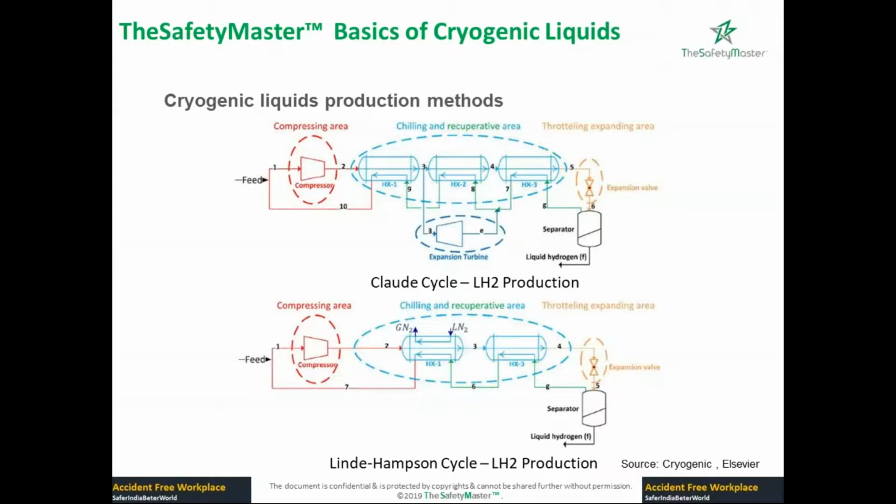Hampson is nothing but the British Oxygen Company, BOC. The Hampson patent was taken by BOC, and BOC was formed out of Hampson. Now BOC and Linde have joined together, so you have Linde-Hampson. Both the patents are together with one company, the Linde Group.